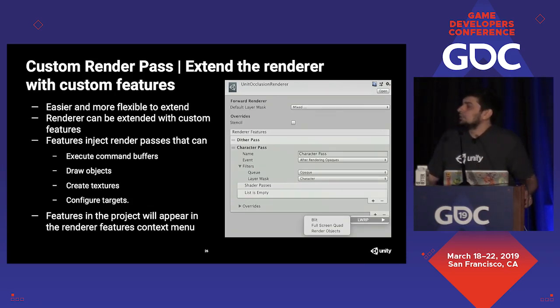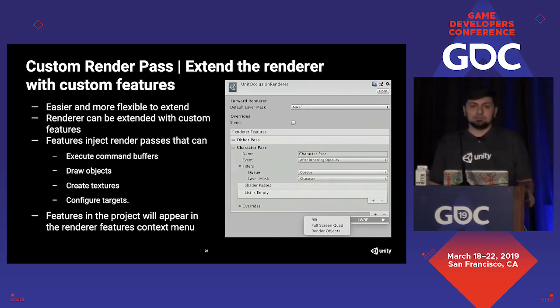The way these features work is by injecting render passes in specific parts of the pipeline. The render passes can execute command buffers, or they can do a draw objects call with some filters. You can create resources and configure targets and so on.